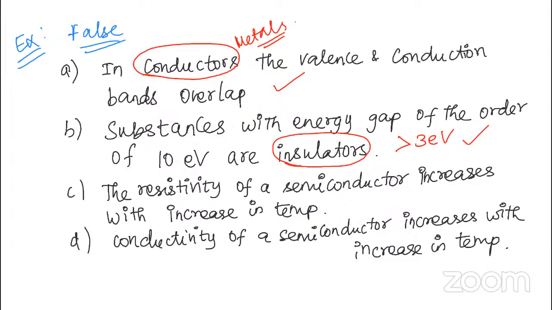Okay, very good. So next, resistivity of a semiconductor increases with increase in temperature. But temperature increase ஆகும்போது semiconductorல resistivity decrease ஆகும்னு சொல்லியிருக்கிறோம். So இந்த concept நம்ம last classல பார்த்தோம். Here they have given increase in temperature and the resistivity value increases.